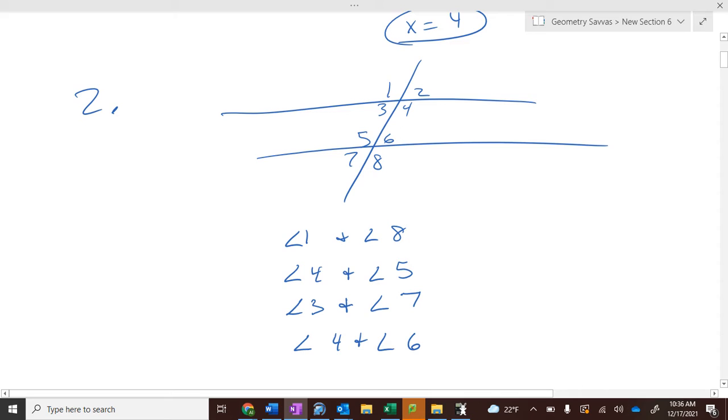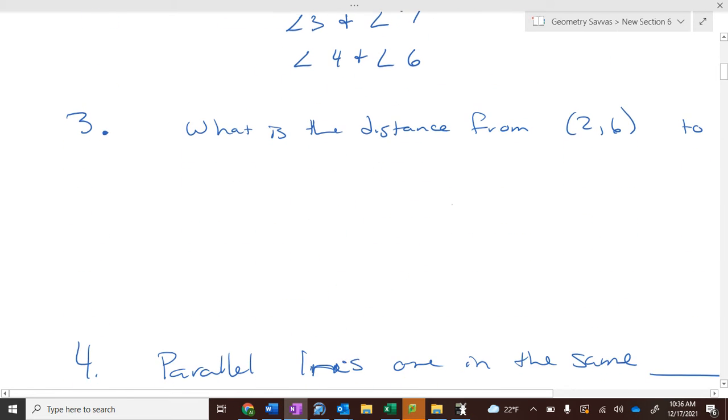They're corresponding. 3 and 7 are corresponding. What are 4 and 6? Same side interior. So 1 and 8 are alternate exterior, 4 and 5 are alternate interior, 3 and 7 are corresponding, and 4 and 6 are same side interior.